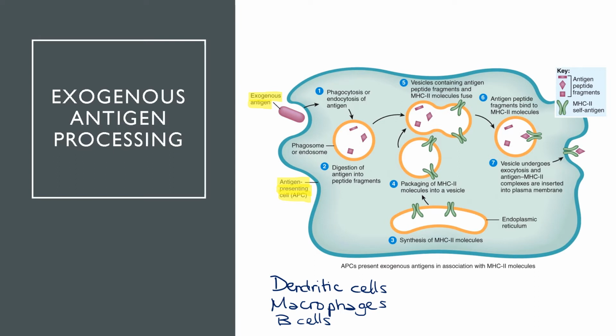The steps in processing and presenting an exogenous antigen by an antigen-presenting cell occur like this in the picture here. At step 1, we have the ingestion of the antigen, which occurs by phagocytosis or endocytosis. Step 2 is the digestion of the antigen into peptide fragments.